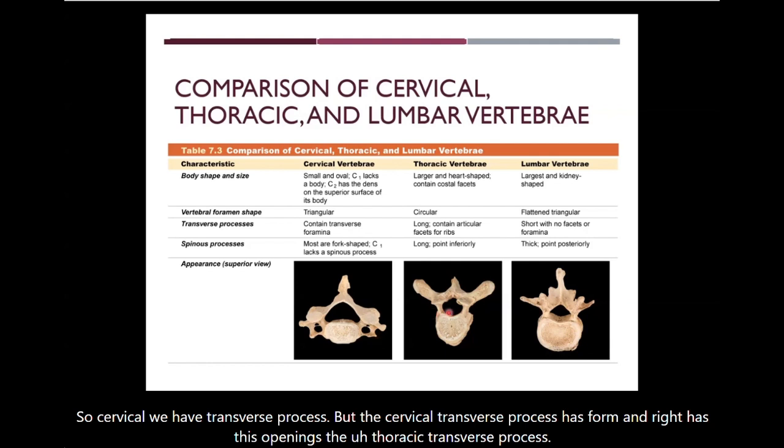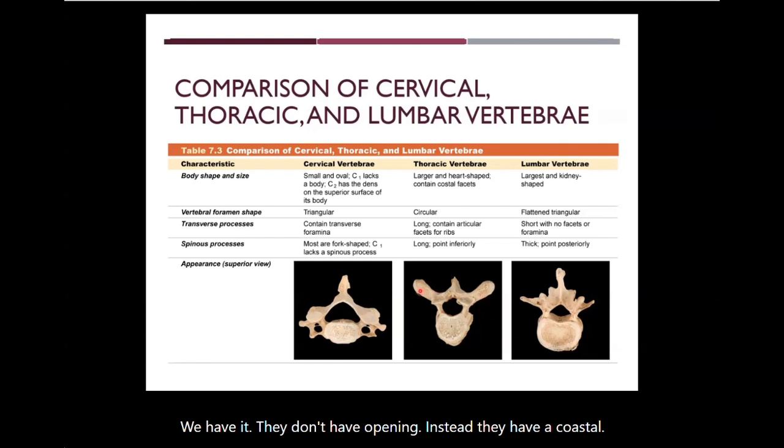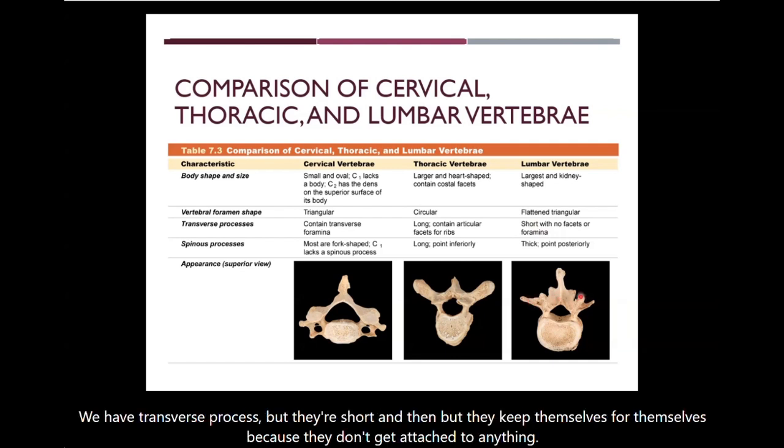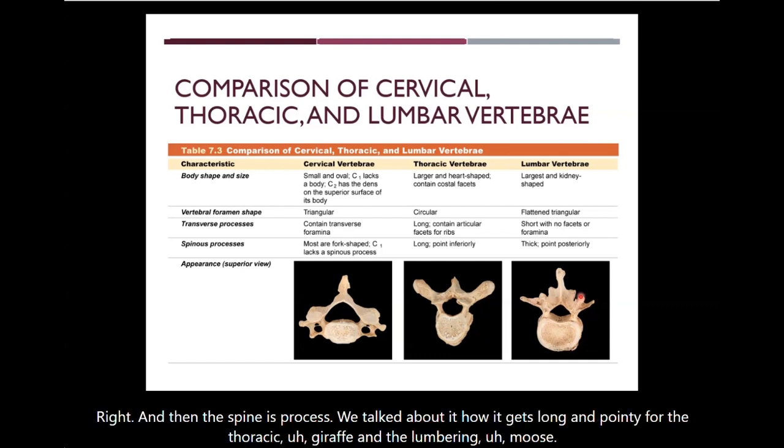The thoracic transverse process, we have it. They don't have openings. Instead, they have a costal facet, right? Because they get connected to the ribs. And then for the lumbar, we have transverse process, but they're short, and they keep to themselves because they don't get attached to anything, right?